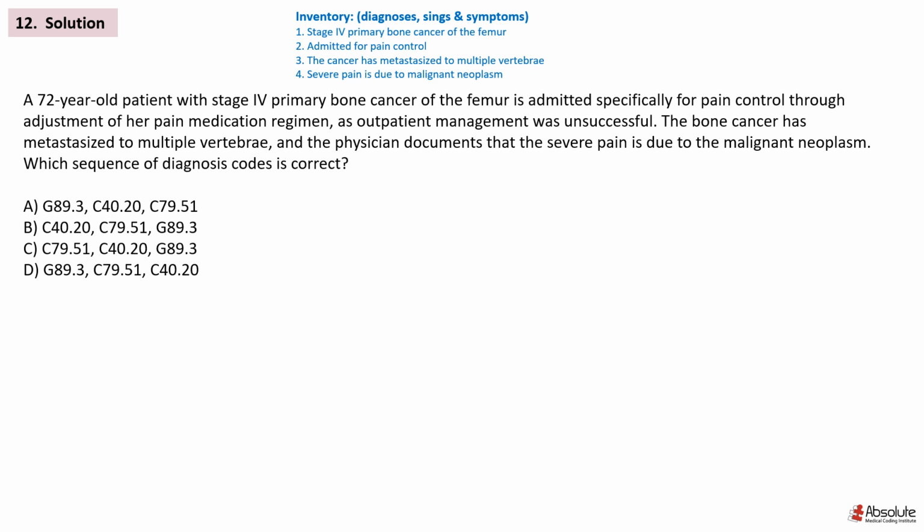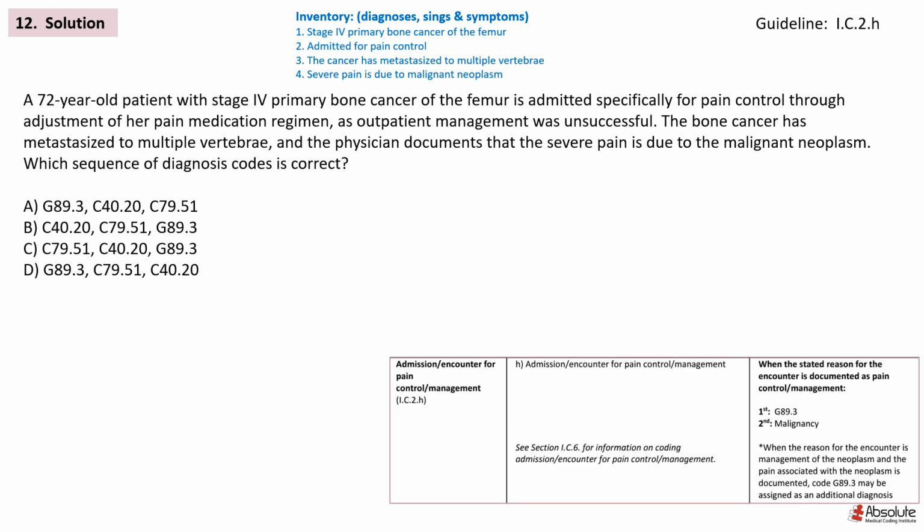And I'm going to reference again Chapter 2H, which we just referenced in the last scenario, which tells us when the stated reason for the encounter is documented as pain control or management, which is what we have listed here, right? Admitted specifically for pain control. You list first that neoplasm related pain code and then second your malignancy.